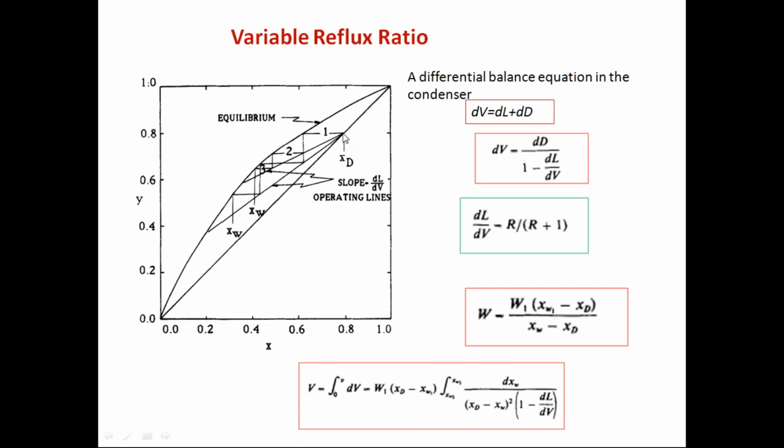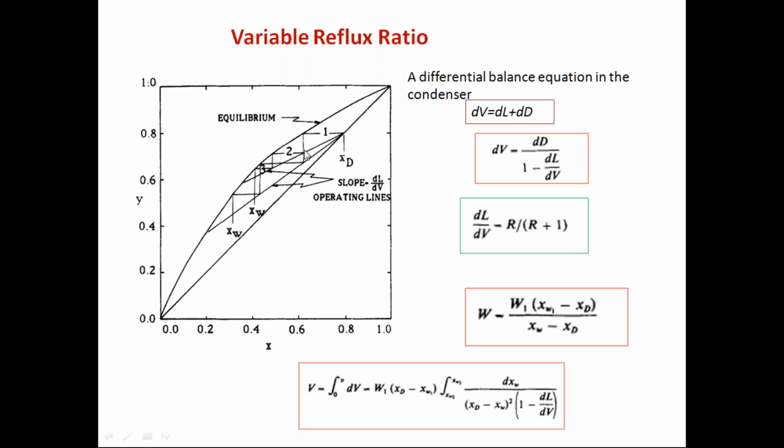What you have to do is fix one xd, which is to be maintained in the column, then find out different possible reflux ratios. Maybe you can have 1, 2, 3, like that. Many such reflux ratios can be found out. For example, initially this reflux ratio is there, and 3 plates are there.